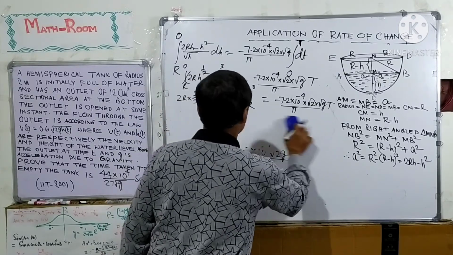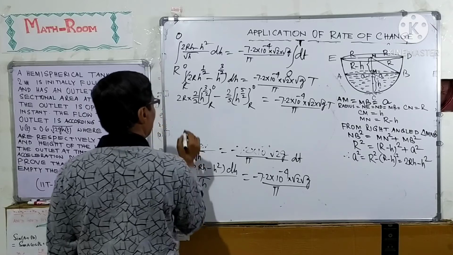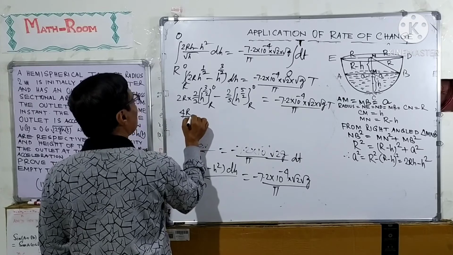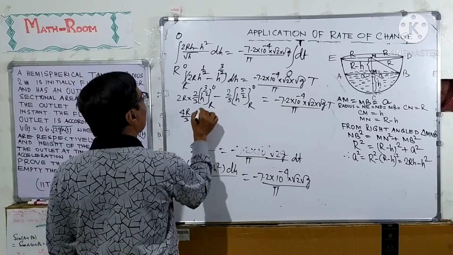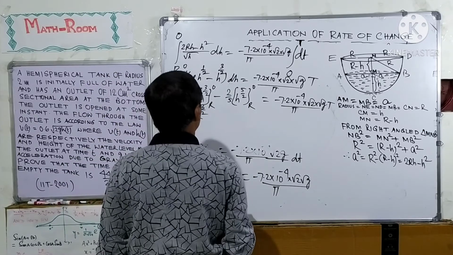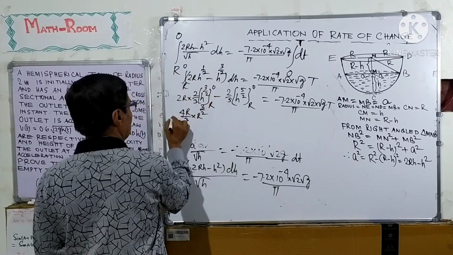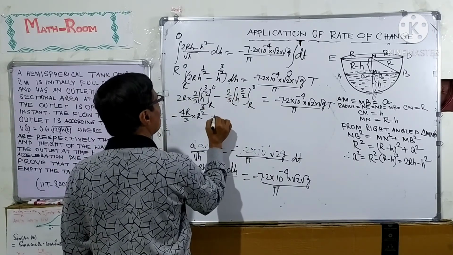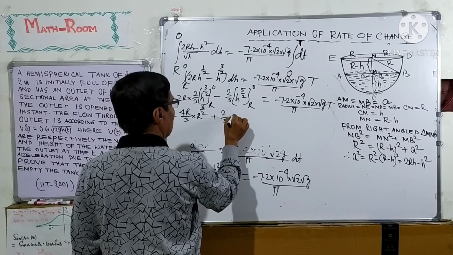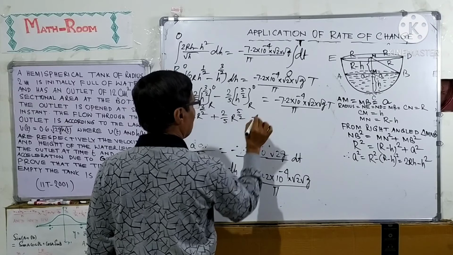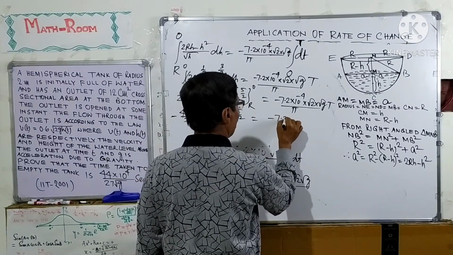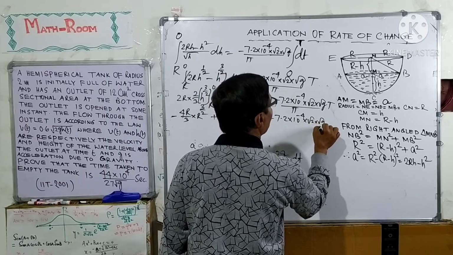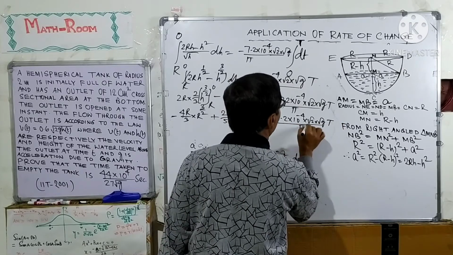So we put these limits. After putting the upper limit and lower limit, we get 4R over 3 R to the power 3 over 2, and 0, minus, and here minus minus is plus, 2 over 5 R to the power 5 over 2, equal to minus 7.2 root 2 root g capital T over pi.